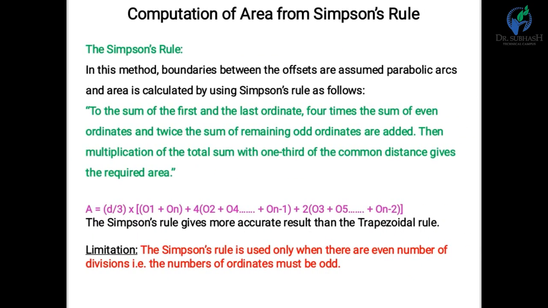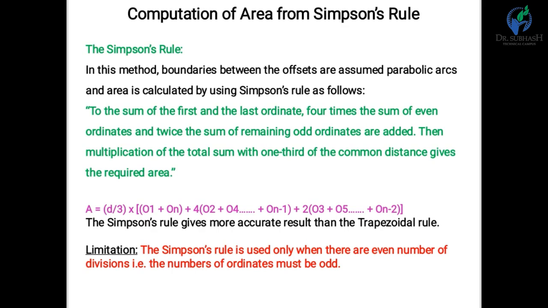The next thing is computation of area using the Simpson rule. In this method, the main difference between the trapezoidal and Simpson is that we consider the boundaries joining the offsets to be parabolic arcs, and the area is calculated using the Simpson rule as follows.